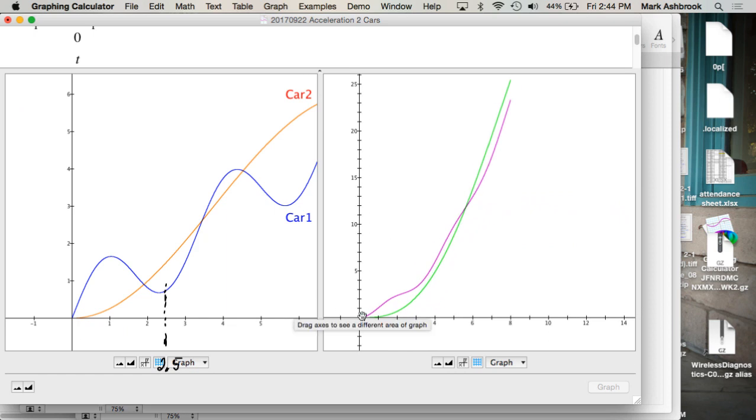Oh, good. They show up nice. All right, purple and green. So which car is purple? We know that's car 1, right? It accumulates much higher changes in speed at the beginning, so it's going a lot faster at the beginning. But then, after about 5 seconds, car 2 is catching back up in speed, right?